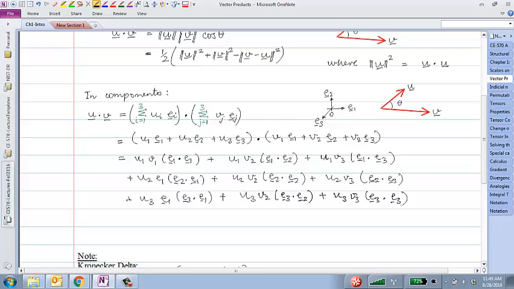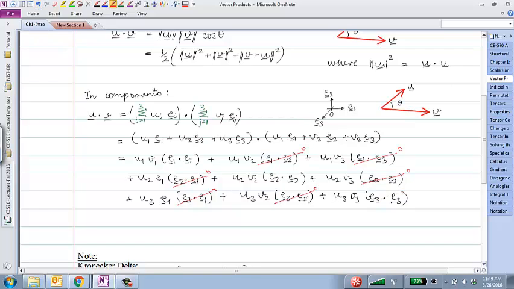What we're going to see is that a lot of these terms are 0. Why? Because, let's see, E1 dot E2 is 0. These are two unit vectors that are perpendicular to each other. E1 dot E3 is 0. Similarly, E2 dot E1 is 0, E2 dot E3 is 0, and E3 dot E2 is 0.